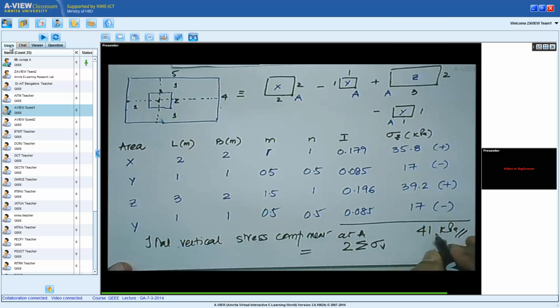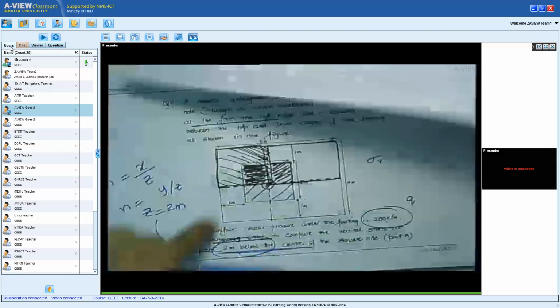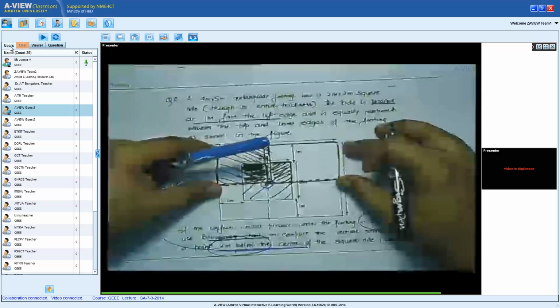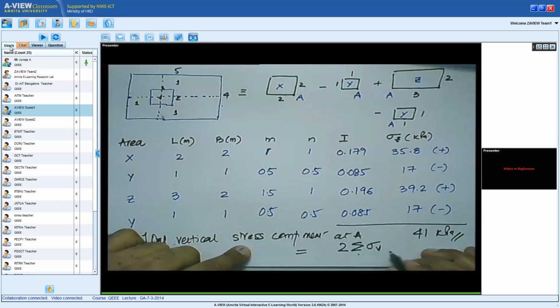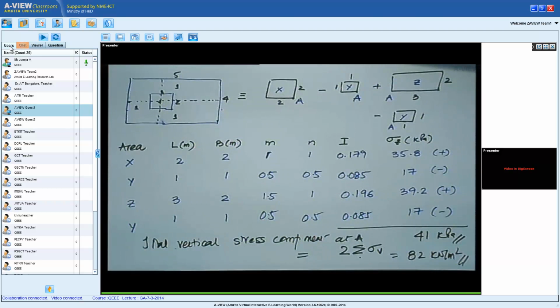I have 41 over there, so it's twice of 41. Remember, we only look at the top half of this loaded area. The bottom half we said is mirror image. So 2 times sigma v gives me a value of 82 kilonewton per meter square or kilopascal.